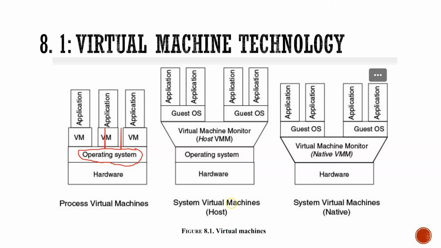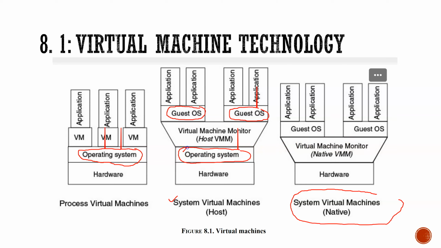In a system host virtual machine, you have an operating system, but you also have one or more guest operating systems. And in a native system virtual machine, you have the operating systems, but the native virtual machine does not require a host operating system, as these two do.